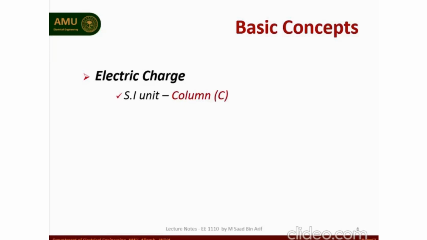Now dear students, another important quantity associated with electric charge is the law of conservation of charge. According to the law of conservation of charge, charge can neither be created nor be destroyed, or you can say that it can only be transferred from one body to another, and the net charge quantity is always conserved in the universe.